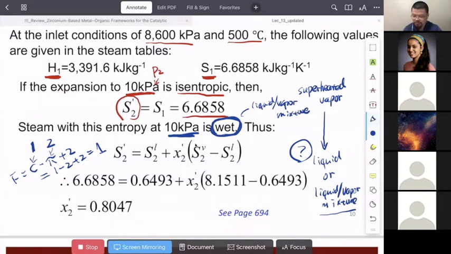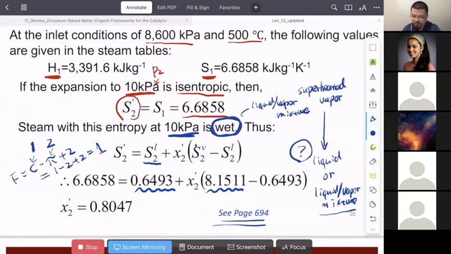So now if you go to the saturated or even the superheated steam table, the first two columns will list the saturated vapor and saturated liquid. So this is how you are going to receive the corresponding entropy values for this liquid and vapor at 10 kPa.